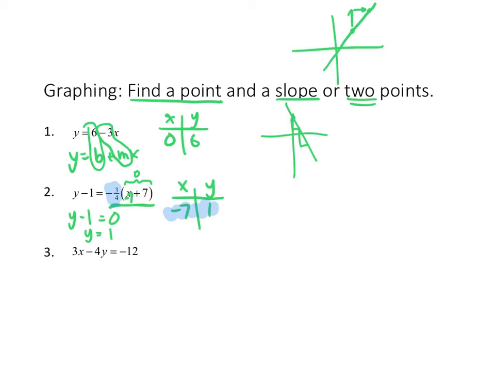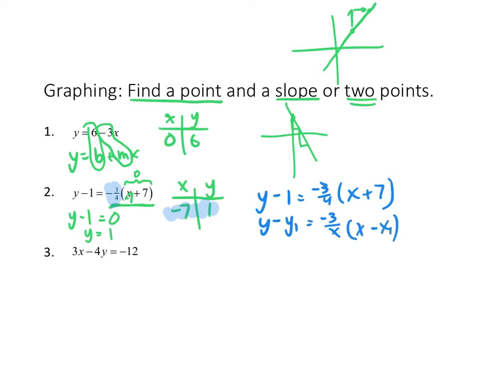Now once again, you could recognize this if you do this enough times. This equation that was given is just in the point-slope form. And you could just look at it and see what x sub 1 and y sub 1 is. Because look at that.